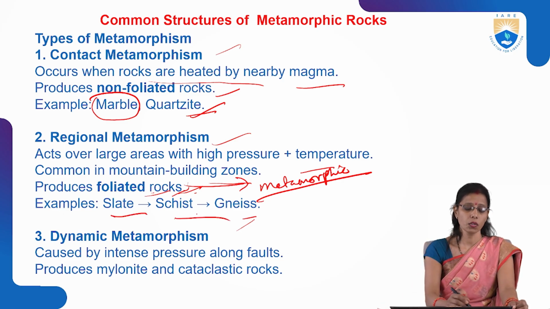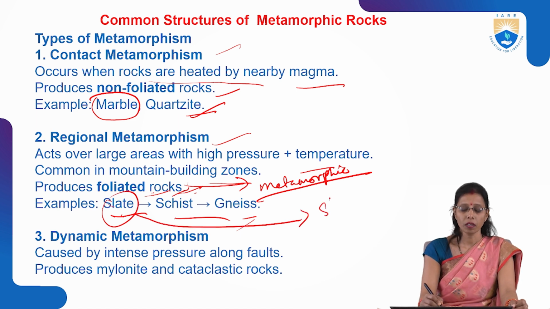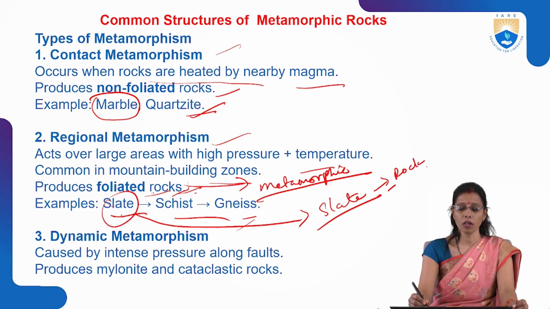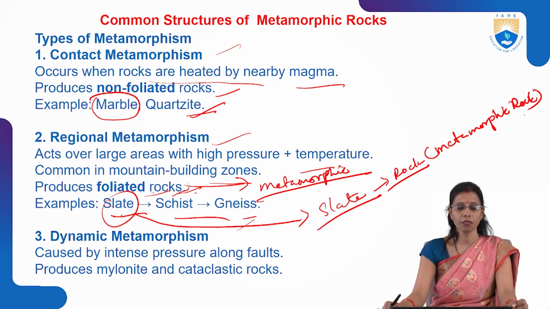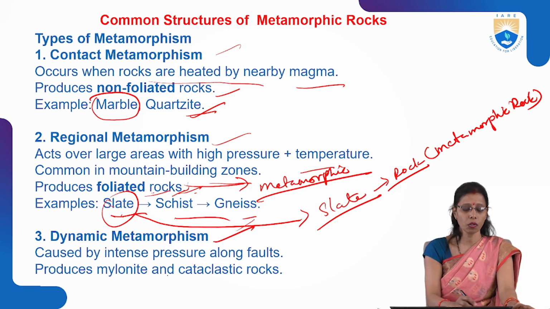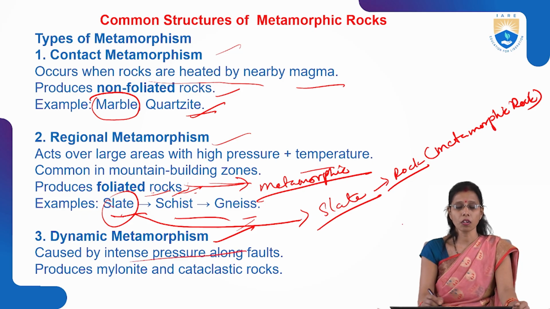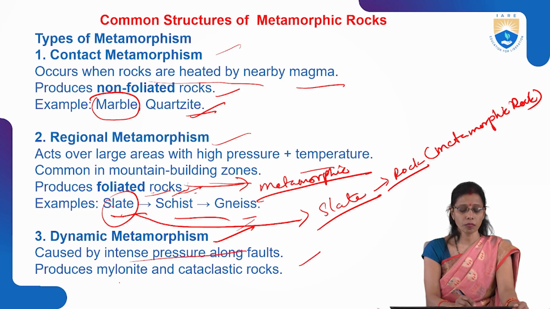Slate is a very common kind of metamorphic rock which is used in industries, for flooring or roofing purposes. Dynamic metamorphism is caused by intense pressure along faults and produces mylonite and cataclastic rocks.